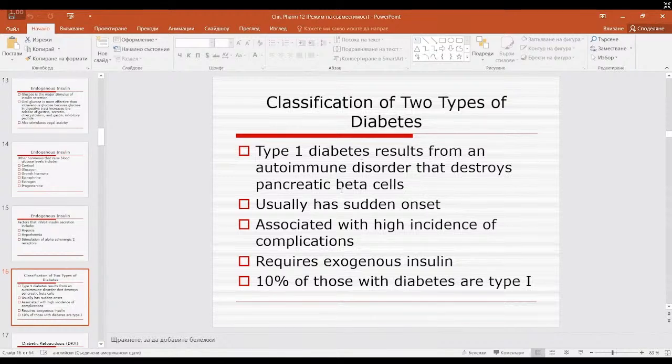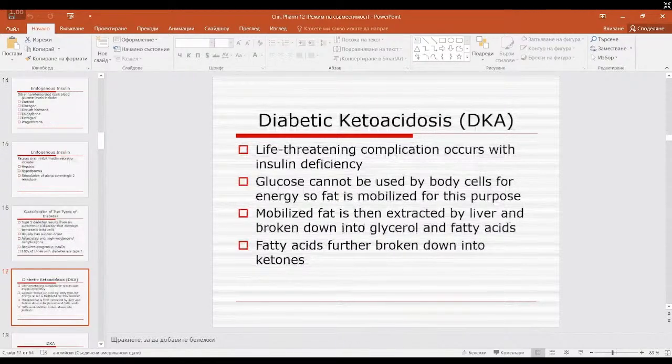It usually has a sudden onset, is associated with a high incidence of complications, requires exogenous insulin, and it is usually 5 to 10% of all the people with diabetes.